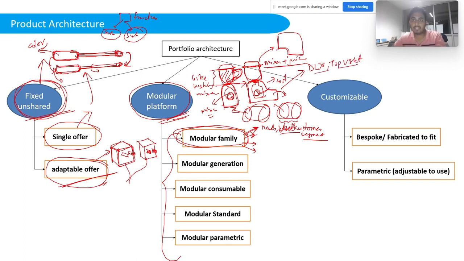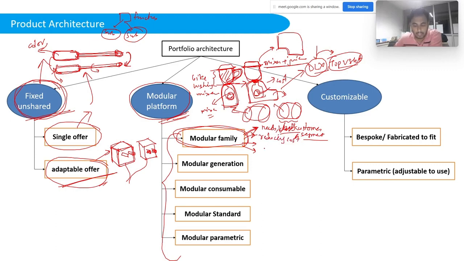You have different variants with different features, but in most cases the base features are the same, with some added features and variations, and the main goal is to reduce cost. So cost sensitivity, or reducing cost, is a deciding factor.